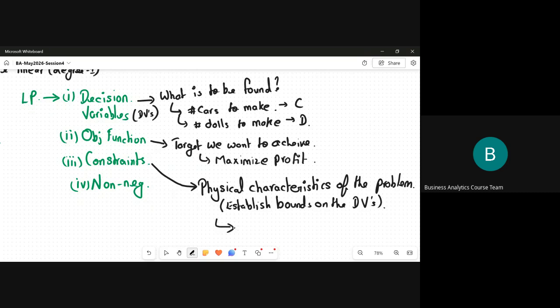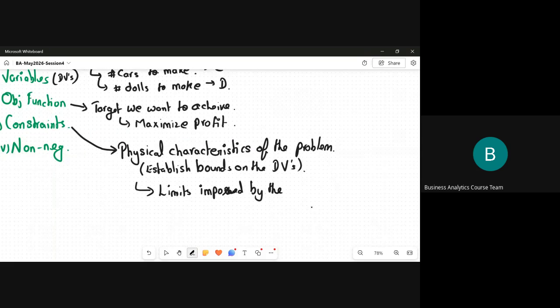And in our particular problem, they are basically the limits imposed by the available raw materials.